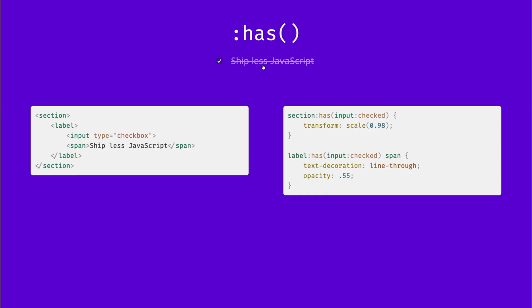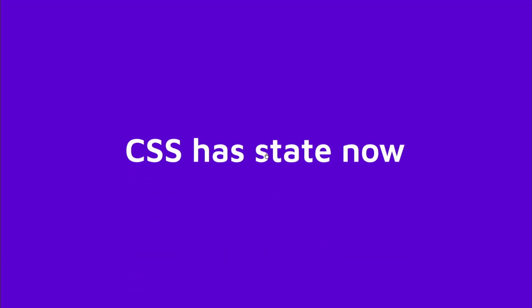And if you look at CodePen or some libraries and search for examples, what is possible with that is just crazy. Like carousels and all this crazy stuff. It's just easy. So, CSS has states now.